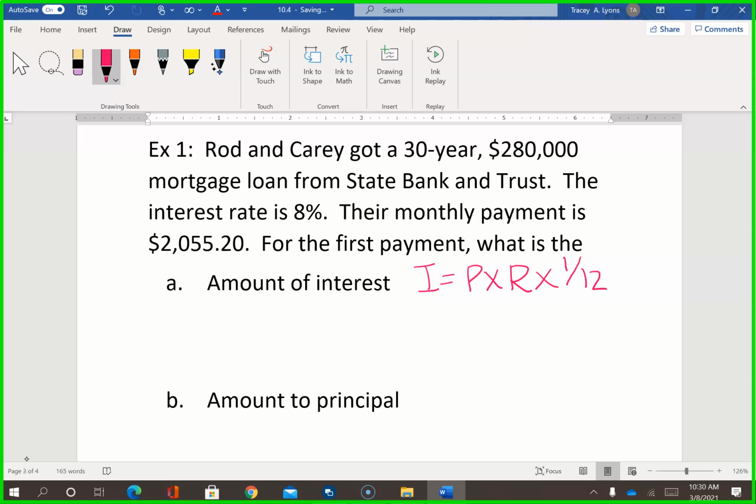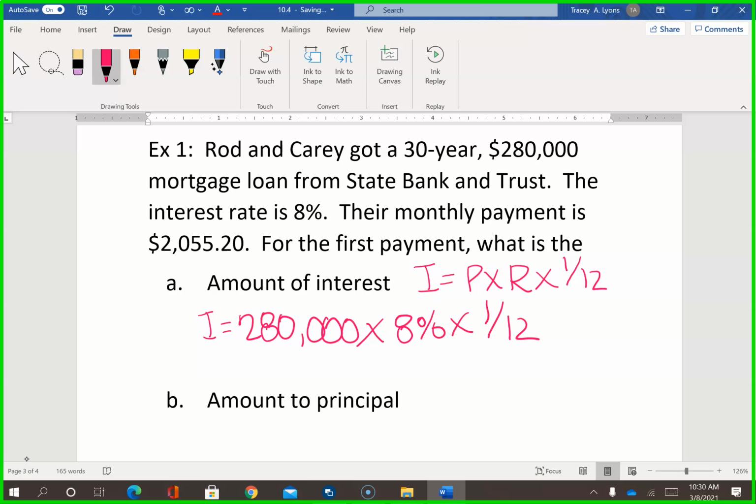So principal at the beginning, $280,000 times the interest rate, which is 8%, which is pretty high for our rates now, times 1/12. And you can do that all on your calculator. I don't have the fraction key on mine, so I'm just going to take 280,000 times 9%.